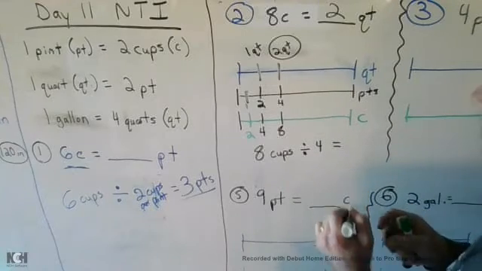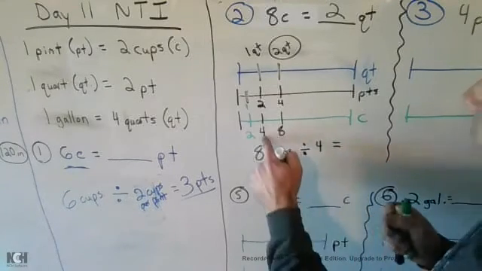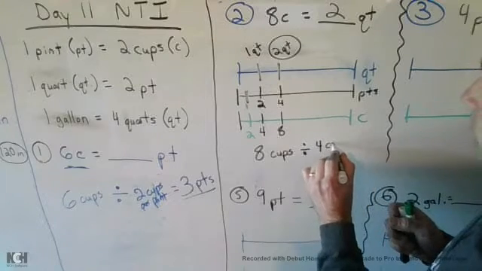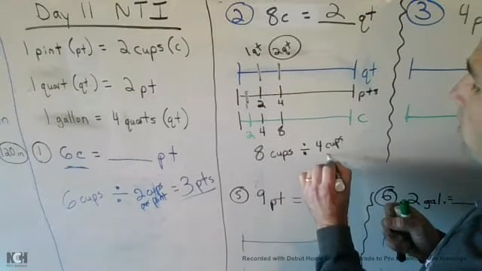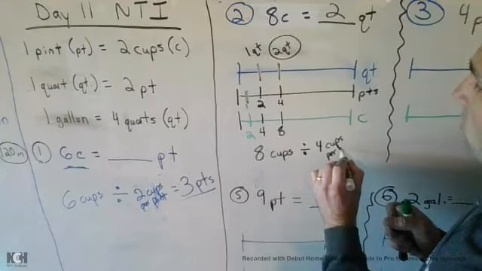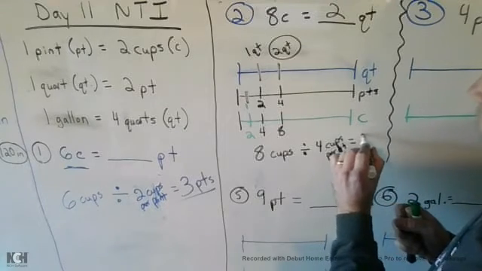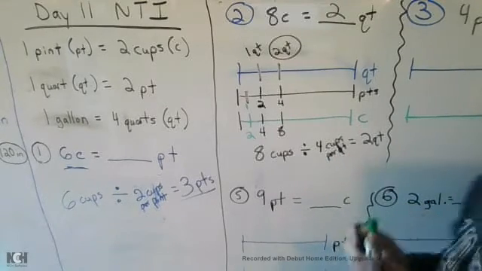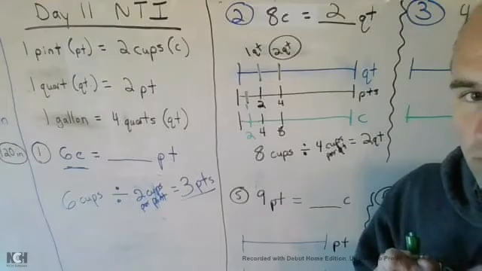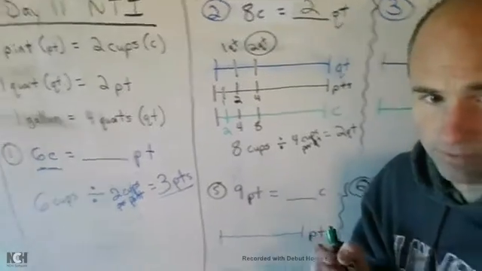Where did that 4 come from? 4 cups per quart gives you 2 quarts. All right, let's move on to the next one.